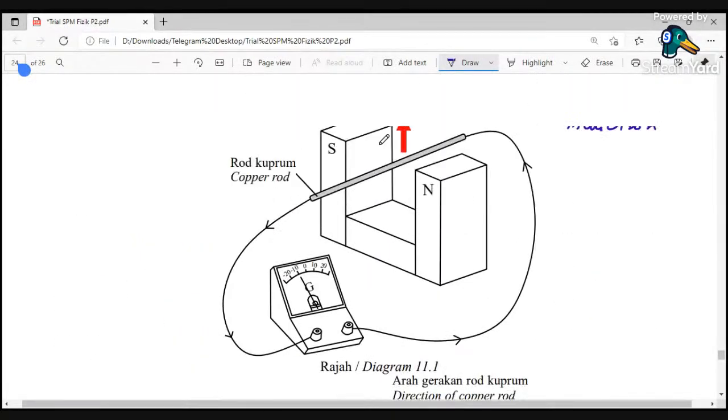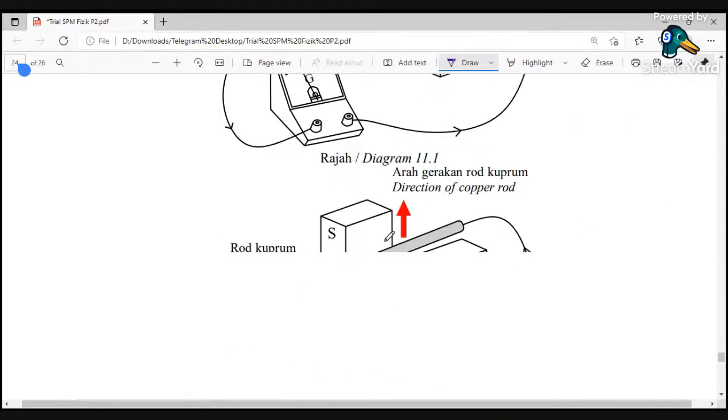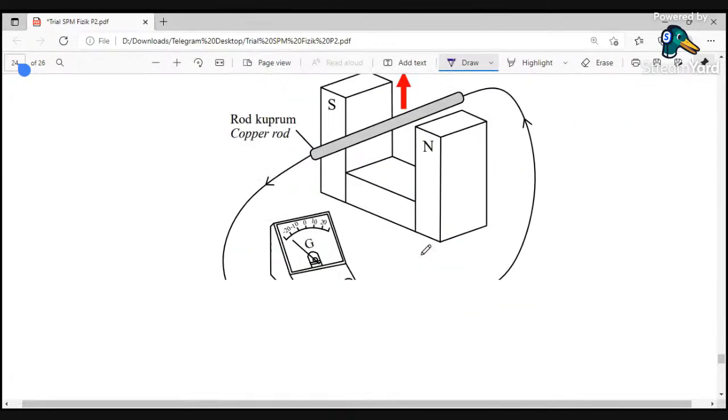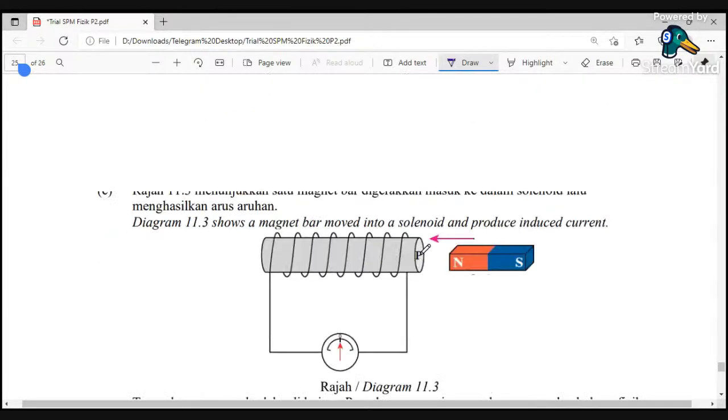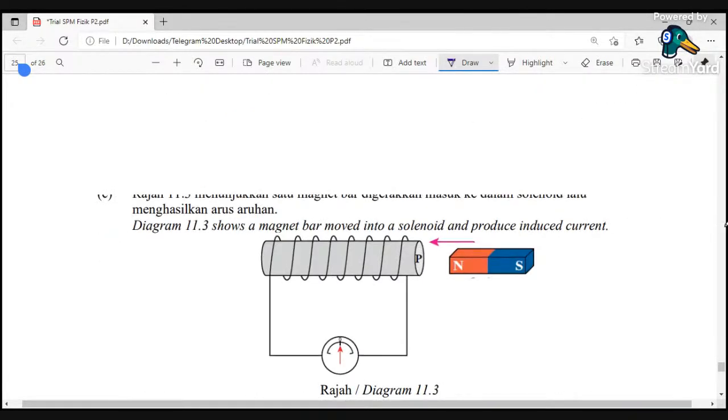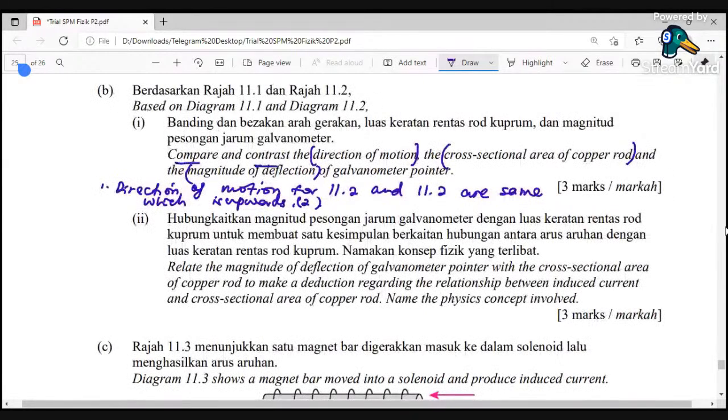Nampak copper rod. Yang ni smaller diameter, ini larger diameter. Okay. So cross-sectional area for the rod in 11.1 is smaller than 11.2.